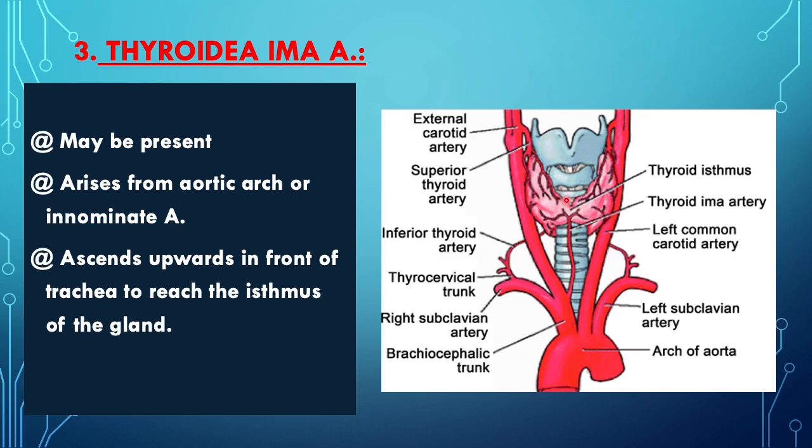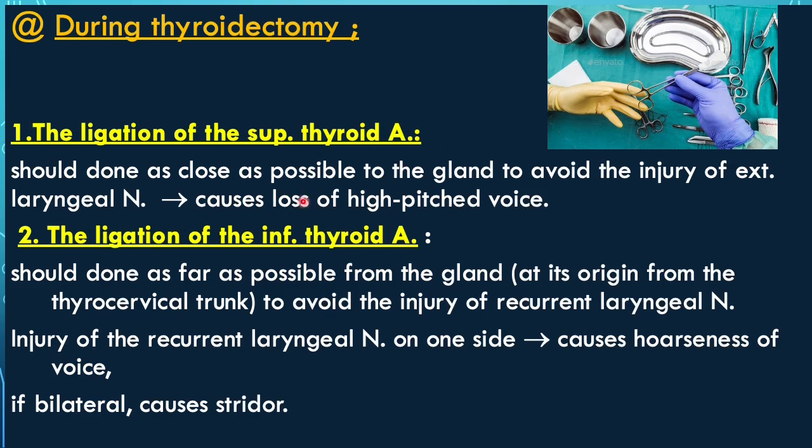In this case, as usual, principally in all surgery, if we are going to remove part of the body, we first have to stop its blood supply to avoid profuse bleeding. So when removing the thyroid gland, we have to ligate the superior thyroid artery as well as the inferior thyroid artery. What's the problem? The superior thyroid artery is accompanied by the external laryngeal nerve, and the inferior thyroid artery is accompanied by the recurrent laryngeal nerve. So what's the key?